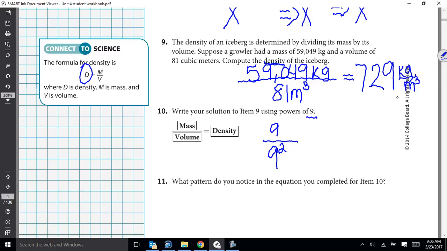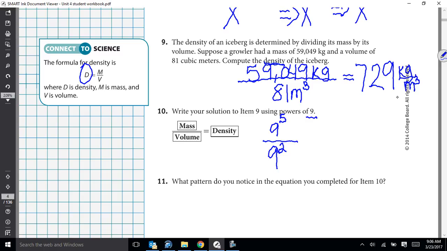Well, I would start with 9 squared is 81. Well, what's 9 cubed? What's 81 times 9? Okay, so we're not there yet, right? Because we need 59,000. What's 9 to the 4th? 9 to the 5th?